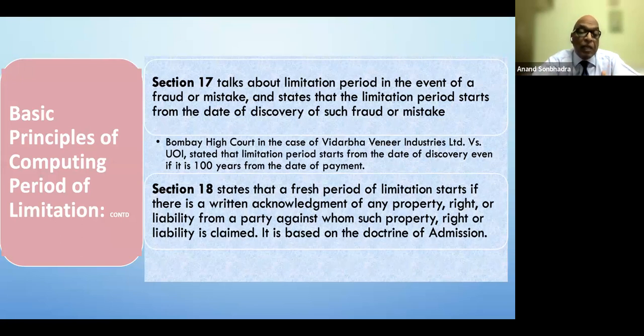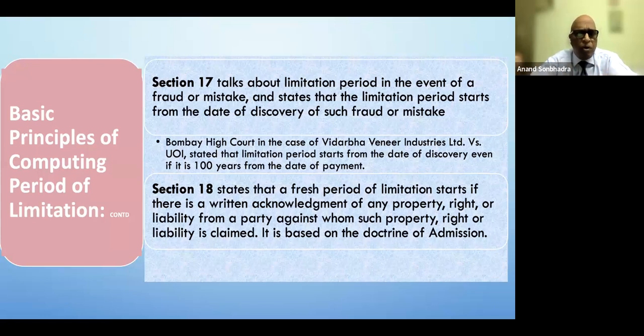Section 18 states that a fresh period of limitation starts if there is a written acknowledgement of any property, and section 18 is extremely important for us, where of course there are judicial pronouncements which have now crystallized the law when it talks about acknowledgement of dues in the balance sheet.